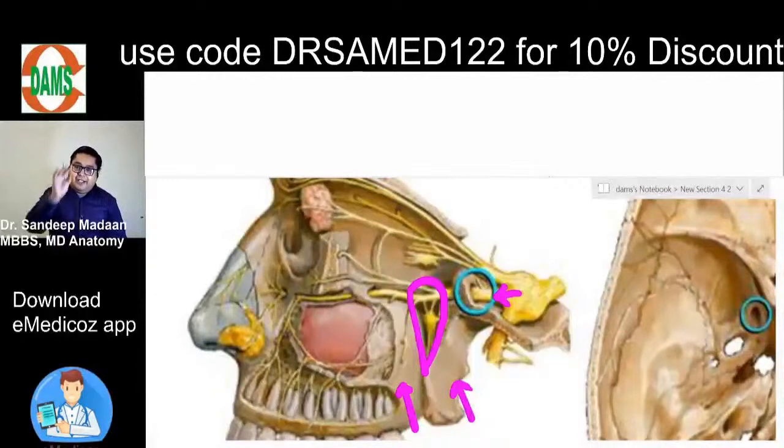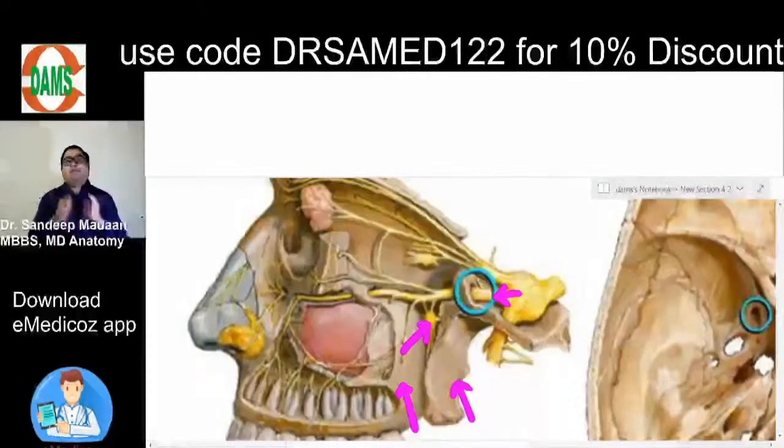Are you understanding? Yes. Now, within this fossa, we can see one ganglion. What should be the name of the ganglion? As simple as the name of the fossa, that is the pterygopalatine ganglion, isn't it? So basically, when the maxillary nerve is passing through the region, it will hold the ganglion. So what is the relationship with the ganglion? It will become the topographical nerve for the pterygopalatine ganglion.